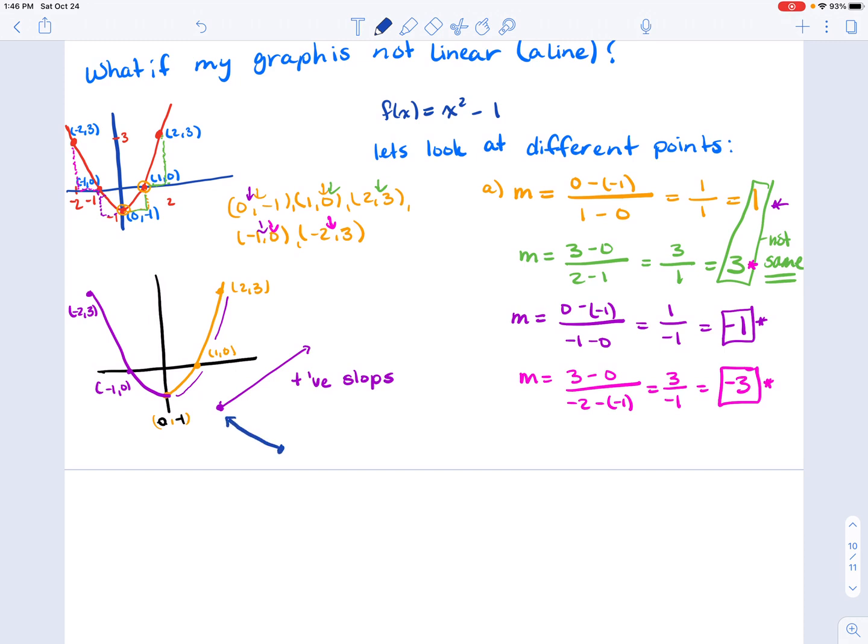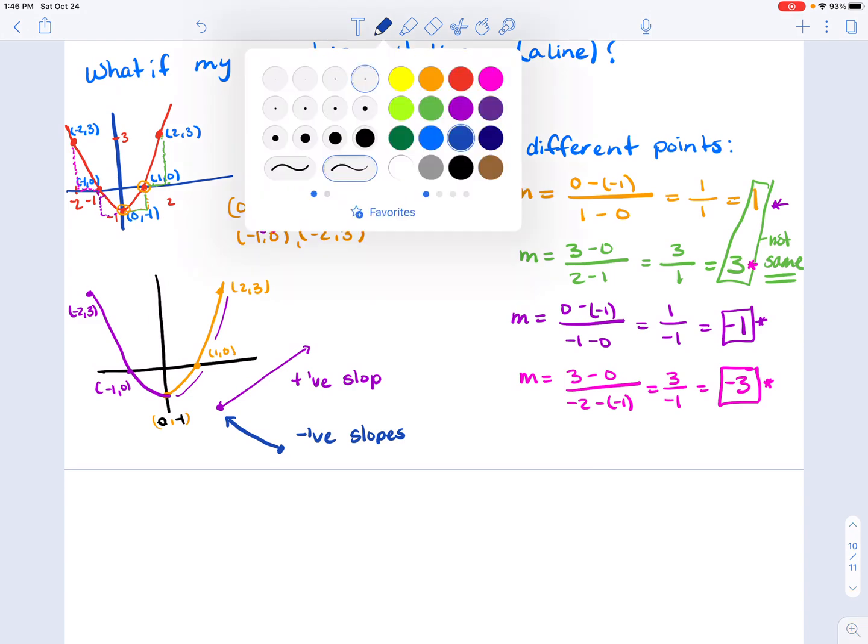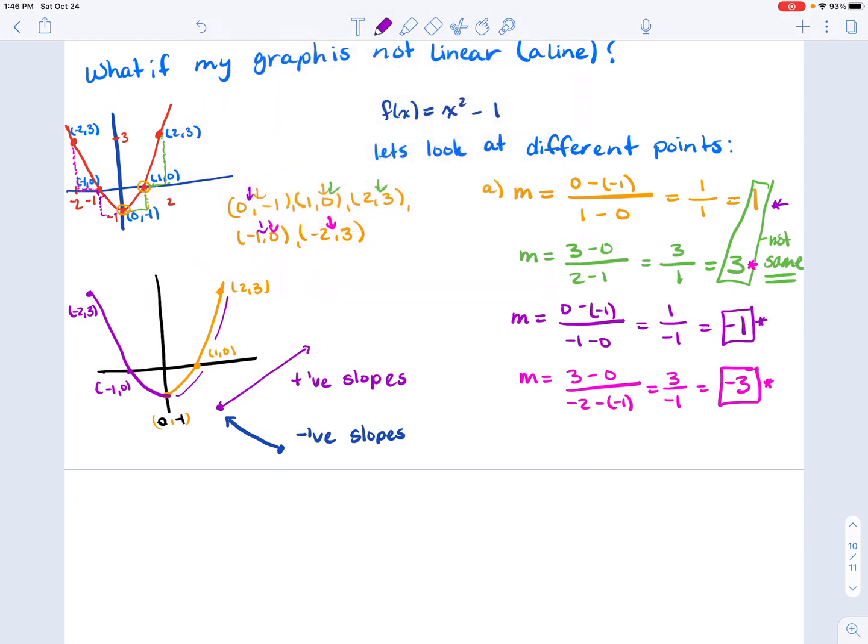They're going up towards the left. These are going to always have negative slopes. Let's fix our spelling here. They're slopes, not slops. This is important to note. We have positive slopes when the lines are up and towards the right, negative slopes when they're going up and towards the left.